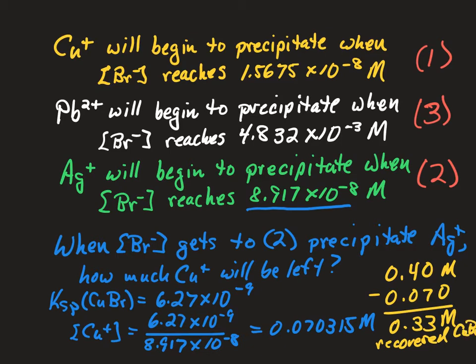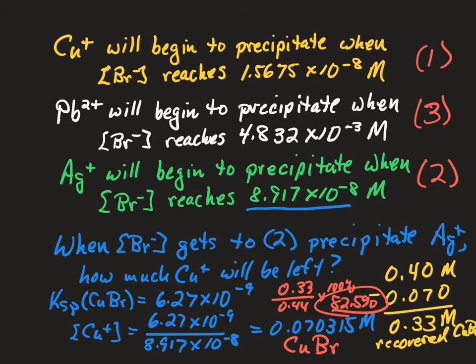So we recovered, as I'm running out of space here, 0.33 over 0.40 times 100% is 82.5% of our copper was recovered as copper 1 bromide precipitate.